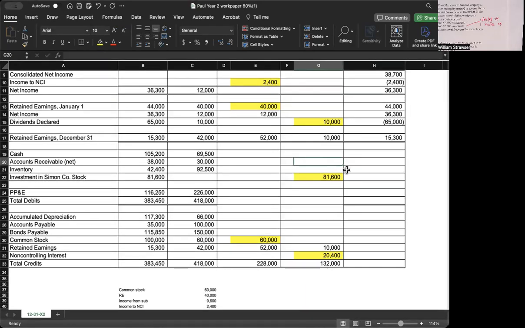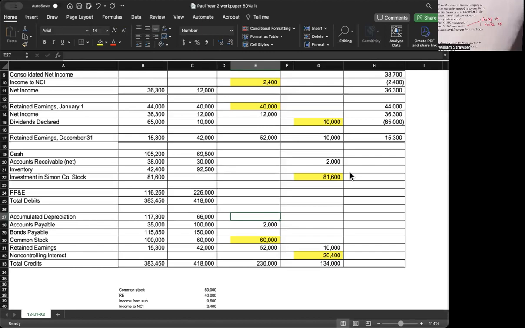So we're going to credit the accounts receivable by 2,000 to get rid of the receivable that Simon has, and we're going to debit accounts payable by 2,000 to get rid of the payable that Paul has. That'll set those to right.